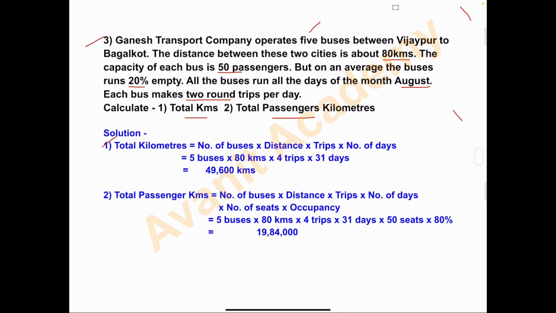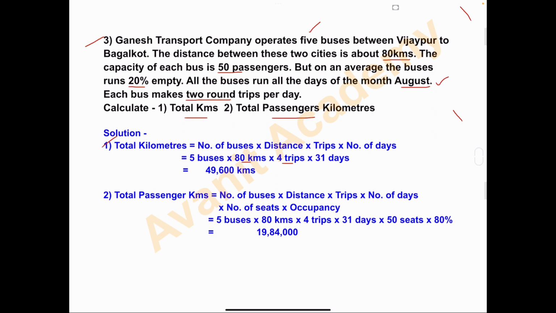This is 5 buses, and next we have to take distance. The distance between these two cities is 80 kilometers. Trips. Each bus makes 2 round trips. Means we have to take 4 trips into number of days. So in August, 31 days are there.